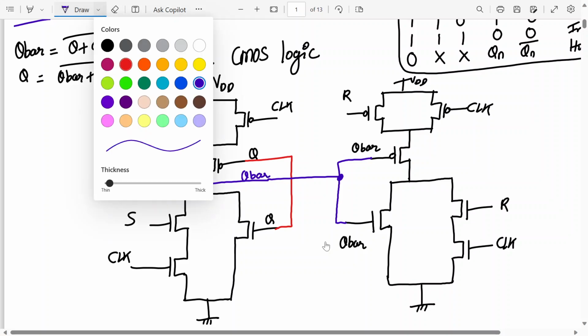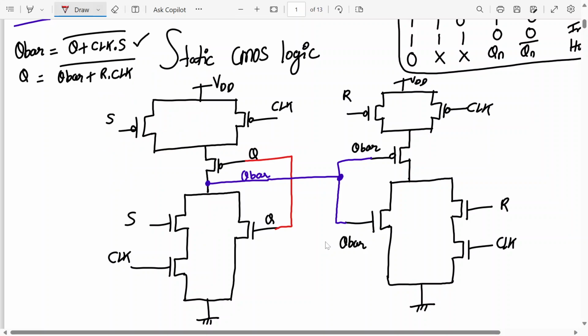Q will be connected over here. This output is Q, right? Okay, so this is the design. The transistor count is that we require 12 transistors to implement this logic: 6 over here and 6 over here, so total 12.